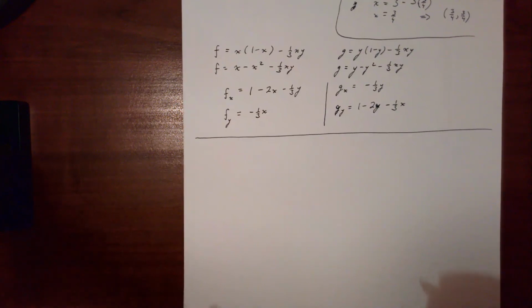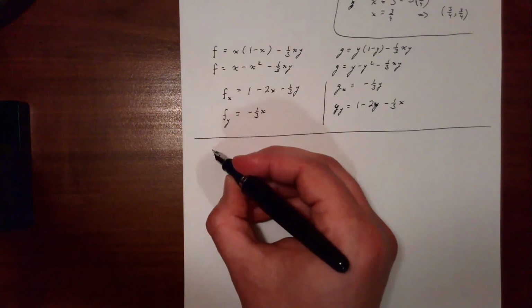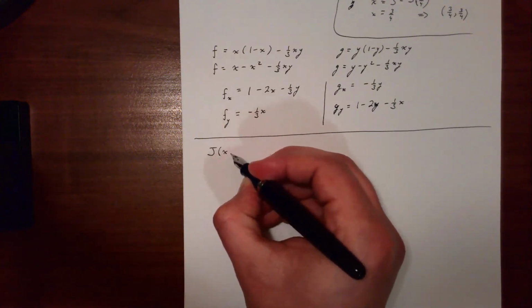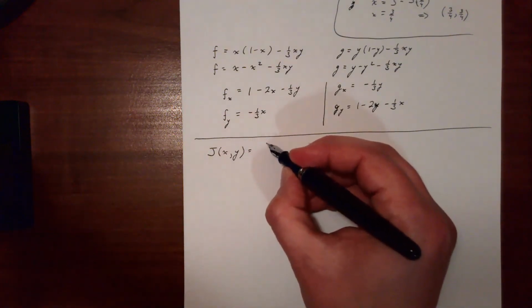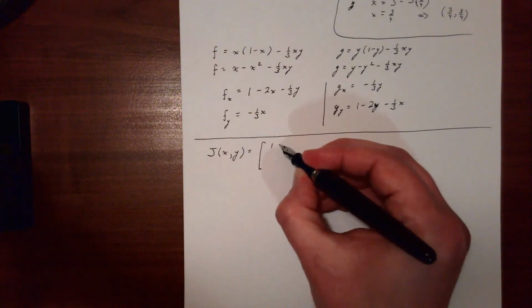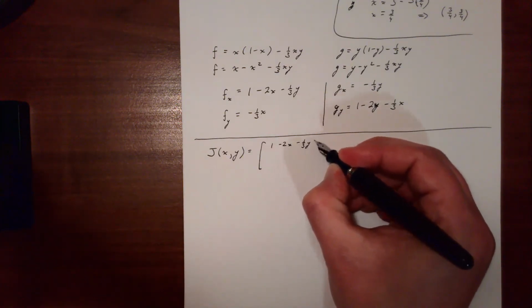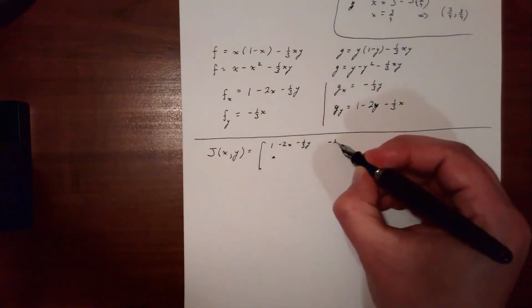All right, well now let's go ahead and find our Jacobians. So J is going to be 1 minus 2x minus 1/3 y, negative 1/3 y.